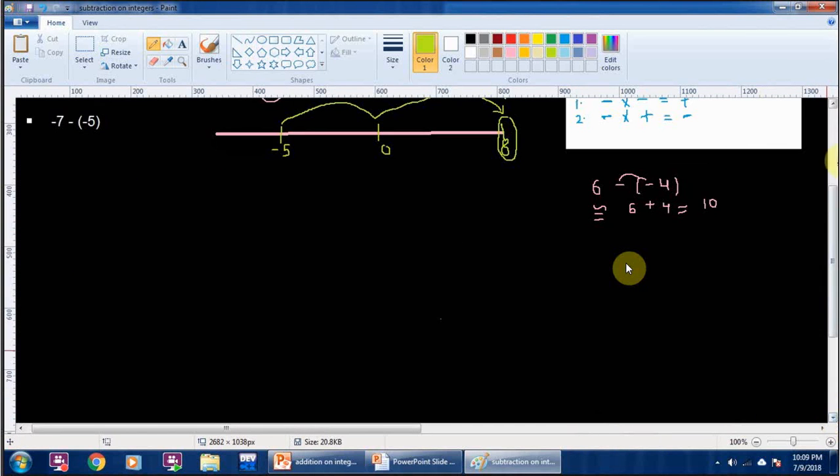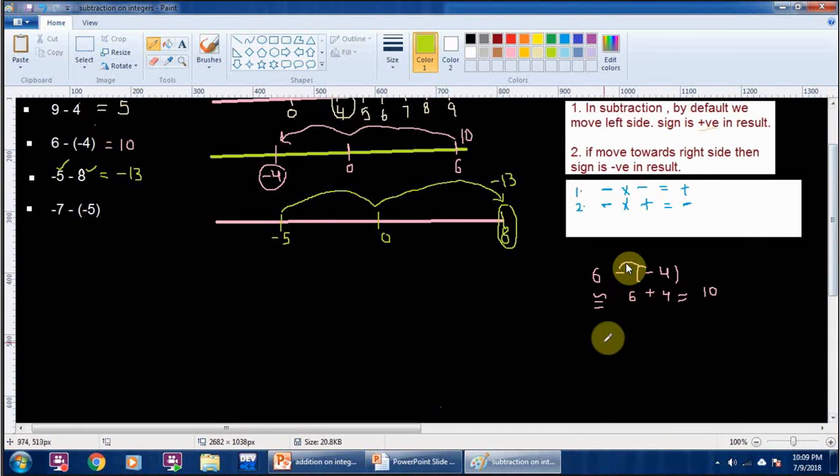By using the expression, see, this is -5 -8. The answer would be -13. This expression is equivalent to -5 plus -8.